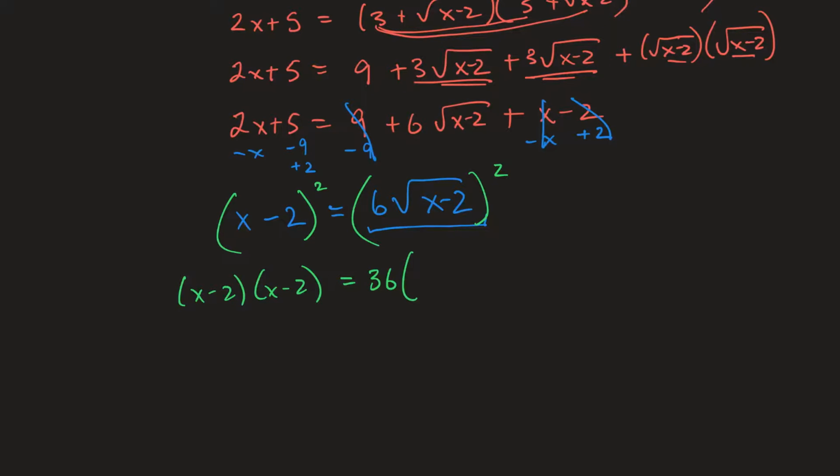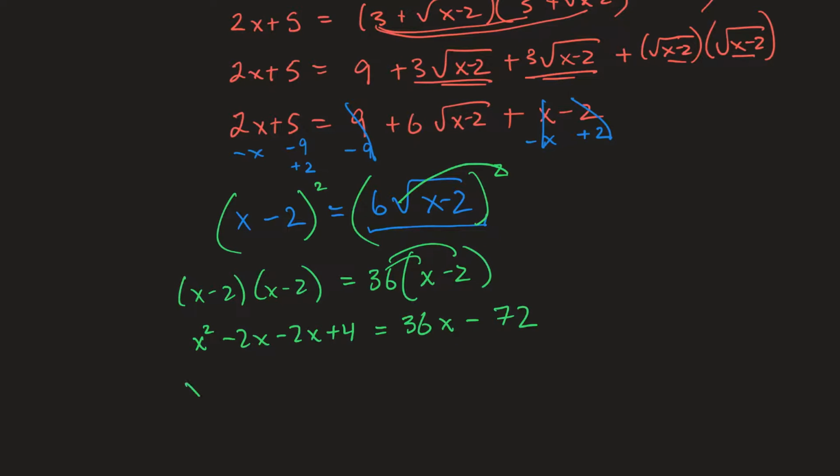And then the square of a square root cancels, so that'll just be an x minus 2. Okay, take a look, make sure you're okay with that. On the left side, x squared minus 2x minus another 2x plus 4, just FOILing that. And then here, again, distributive property, so 36x minus 72.